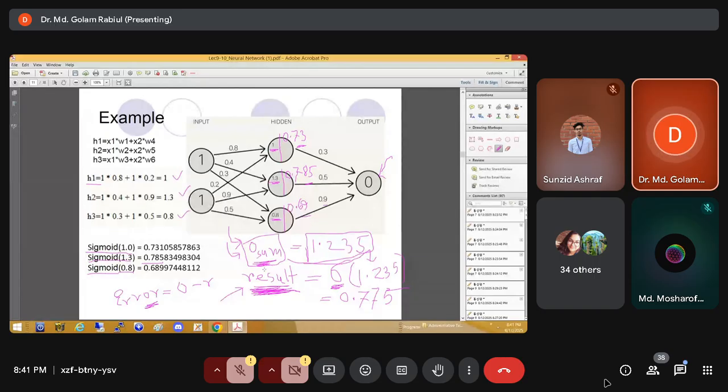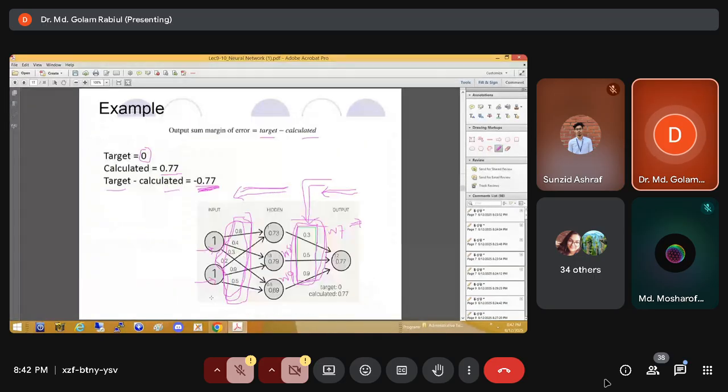At first we need to determine how much change in the sum will change the result, and then we will find out how much change in the output sum will change the error.